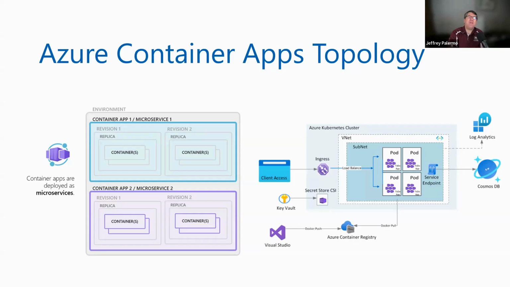Now, I will say another thing before I move along. If you deploy one container to one Azure Container App, that's totally fine. It's no big deal. That's the normal runtime model: one container revision per Azure Container App.